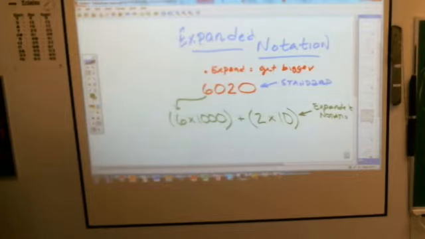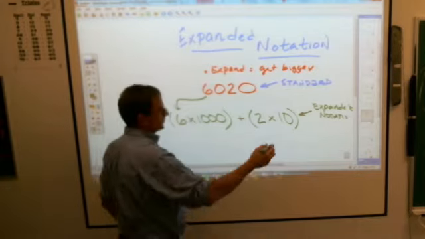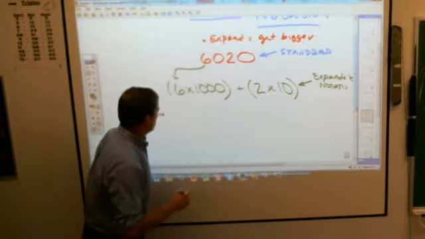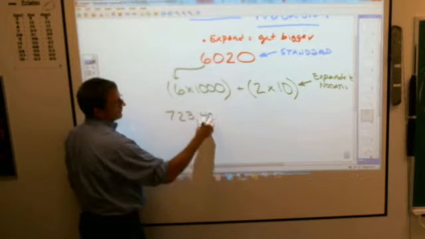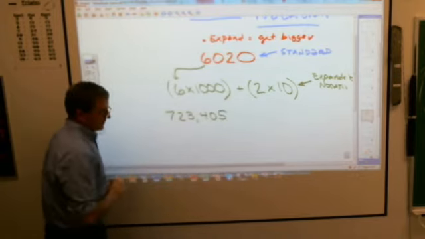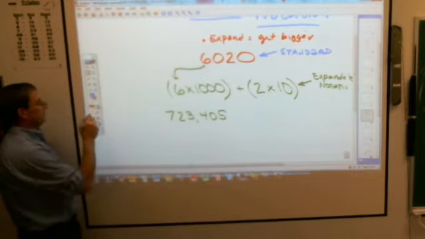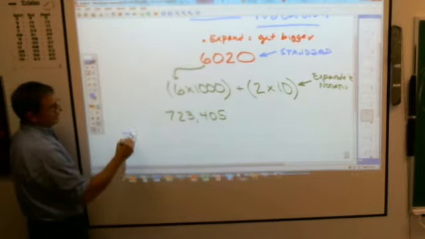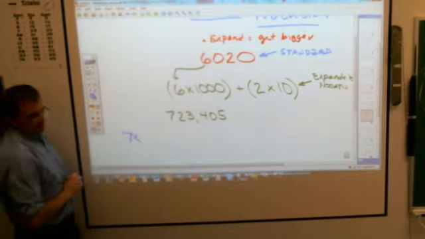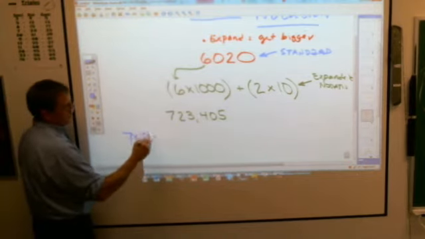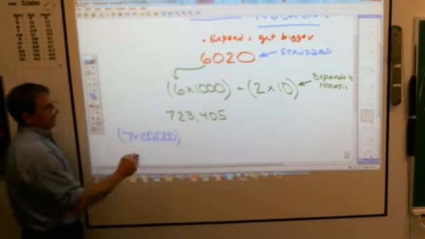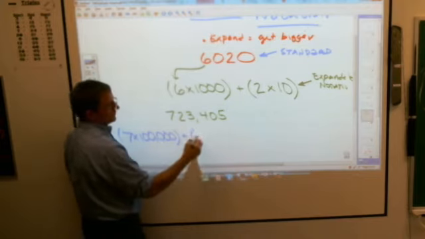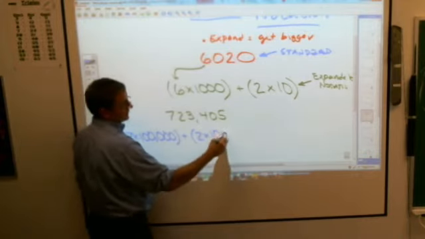For example, let's do a longer one. If I have, let's say, 723,405, this will be very big when I expand it. Because it will be 7 times what? 7's in the what place? It's in the 100,000s place. So it's 7 times 100,000, because that's what place it's in. Plus 2, what place is the 2 in? Anybody? The 10,000s place.